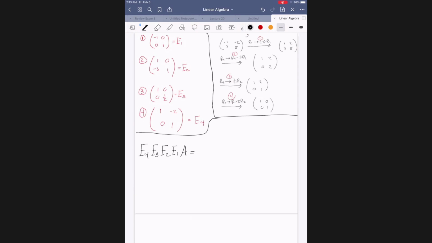Once I did all this, what matrix did this product give me? Yeah, the identity, perfect. And now let's use the theorem that I stated, that the inverse for elementary matrices exists. So now multiply both sides by the inverse of this guy. Literally just multiply both sides of this.